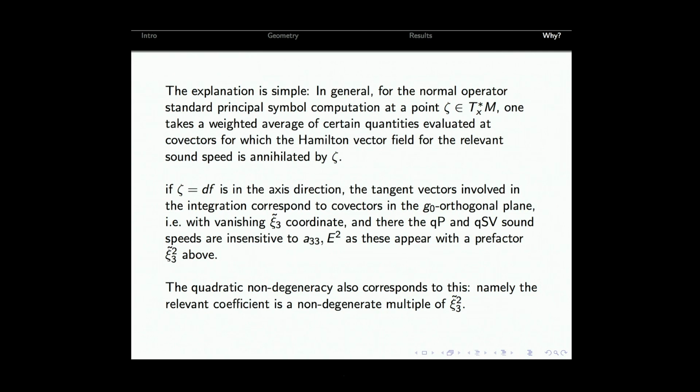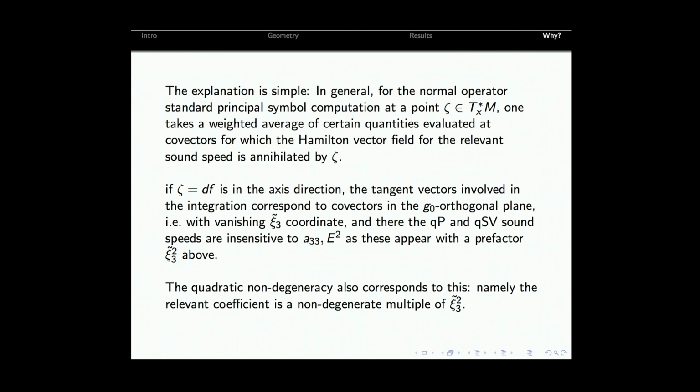And what you have to do to compute things there is take a certain weighted average of certain quantities along vectors that are annihilated by this. So orthogonal, if you want to think in geometric terms, but it's really duality, so it's really annihilated. And the special direction is really the axis direction. So the direction was df.